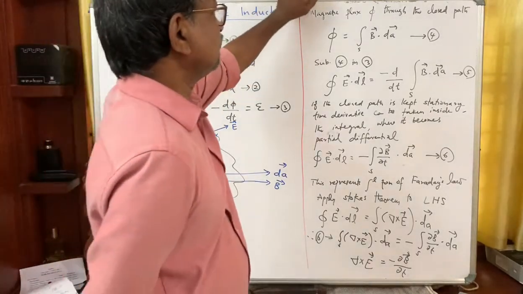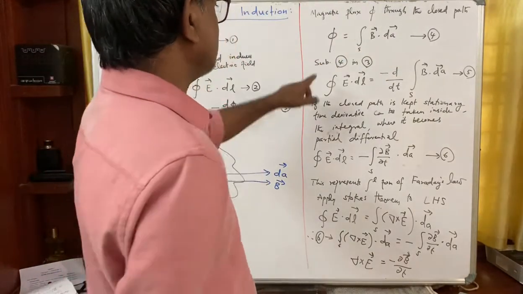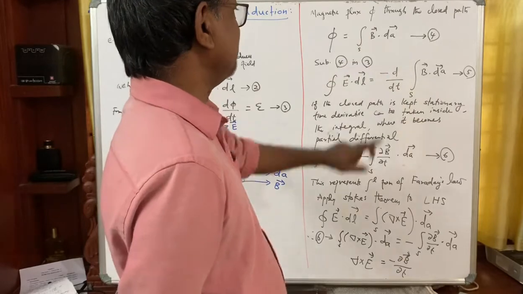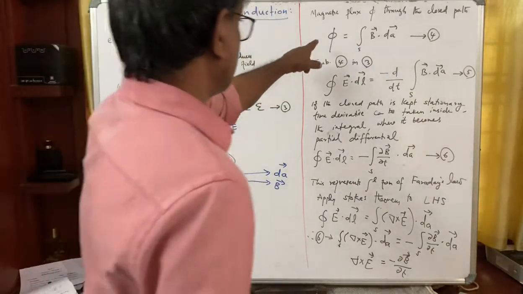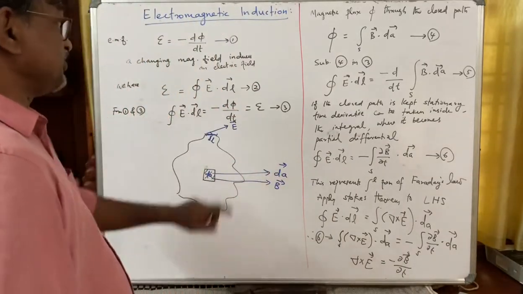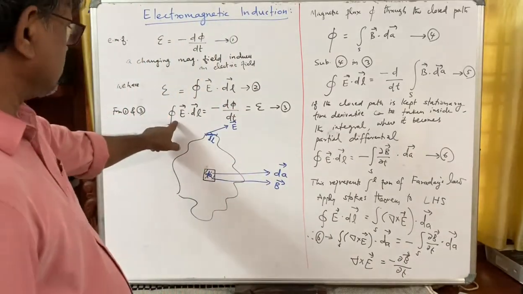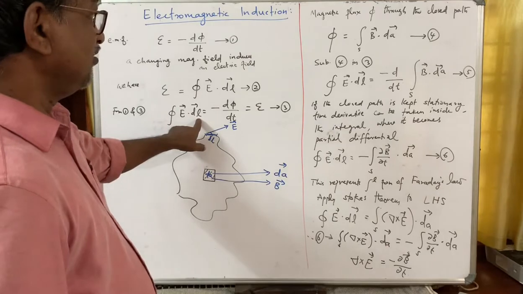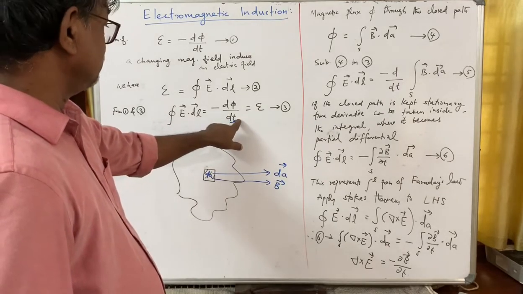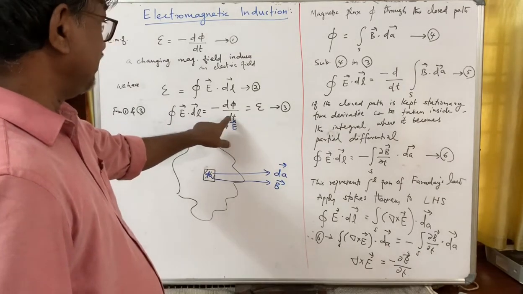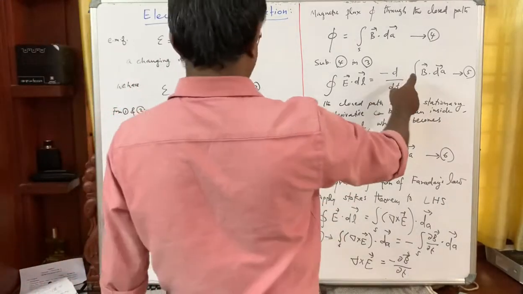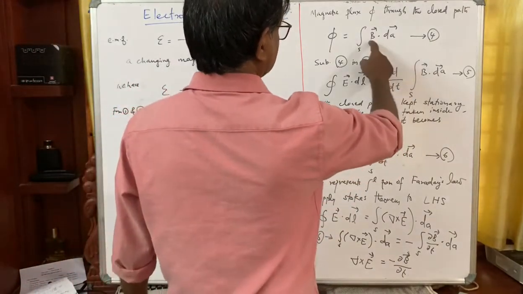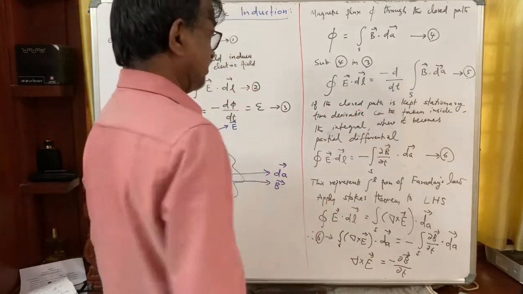Then the magnetic flux phi through the closed path can be written as phi equal to the surface integral of B dot dA. That is equation 4. Substituting this 4 in 3, the closed line integral E dot dl equals minus d by dt of phi, that is, minus d by dt of B dot dA.